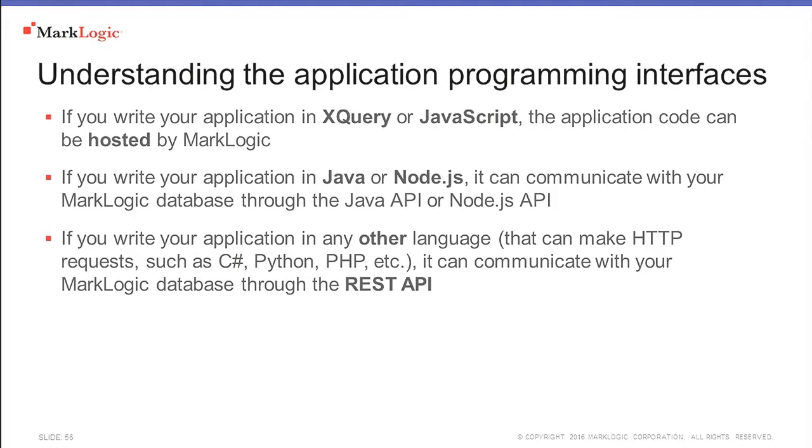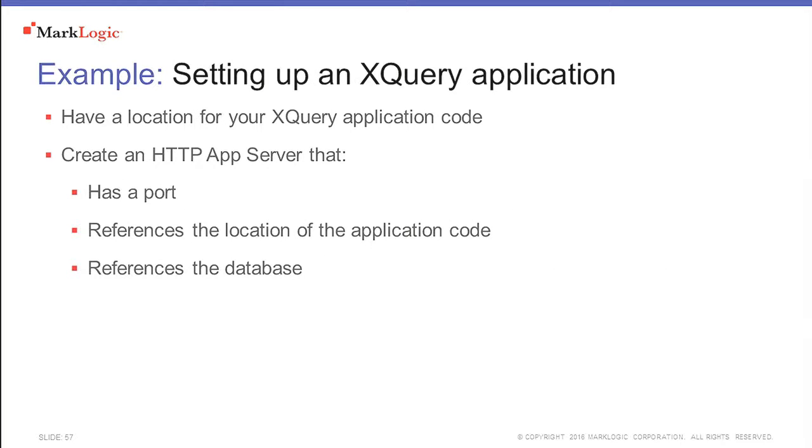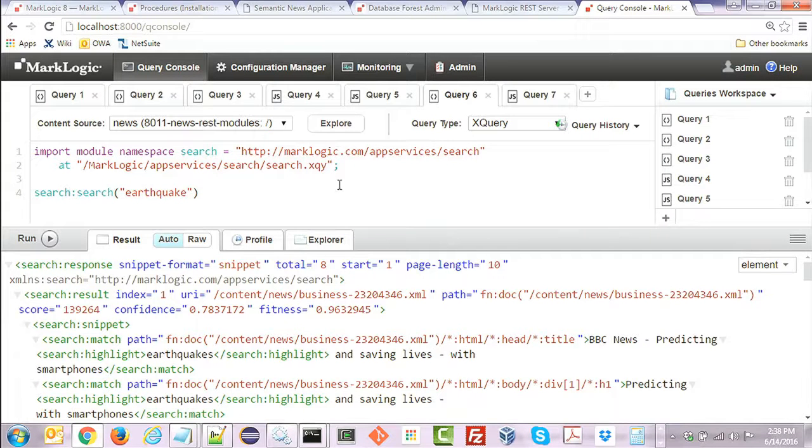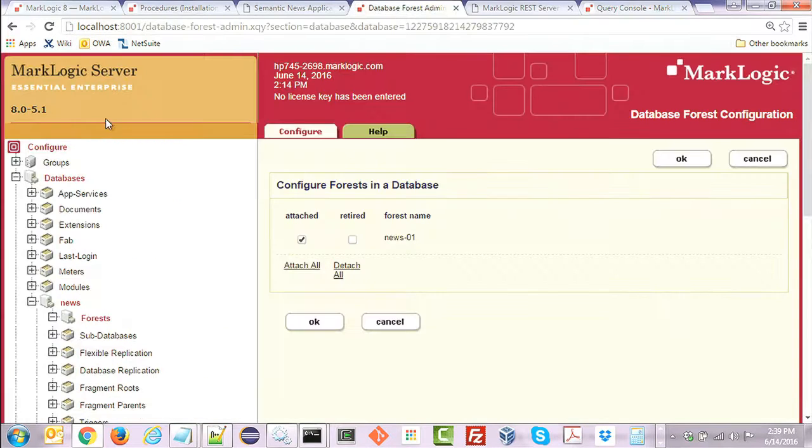And so we talked about all this. So let's go ahead and create what we call an HTTP app server that's going to host our XQuery application code that's going to talk to our database. All right. So let's go to port 8001 in here.